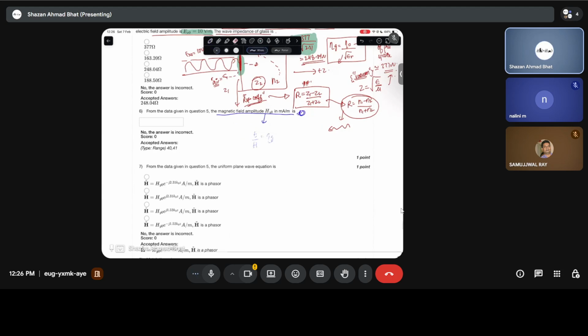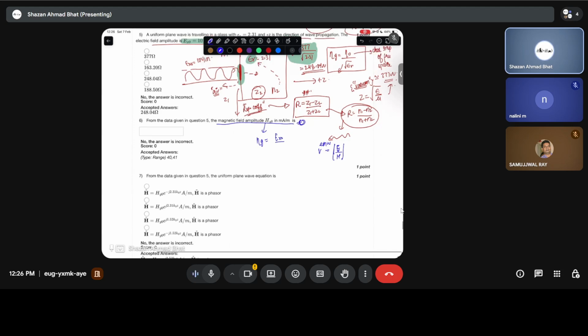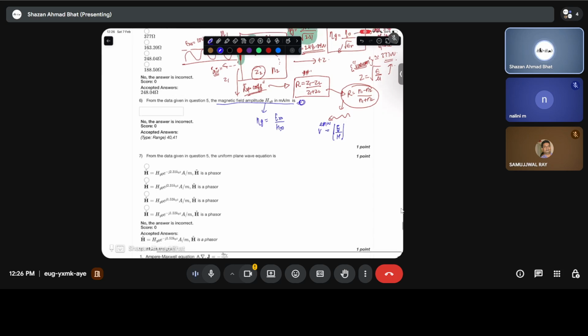Actually, the magnitude of the E over H ratio links with eta g. Let's write it as Ex0 divided by the magnetic field amplitude, Hy0.